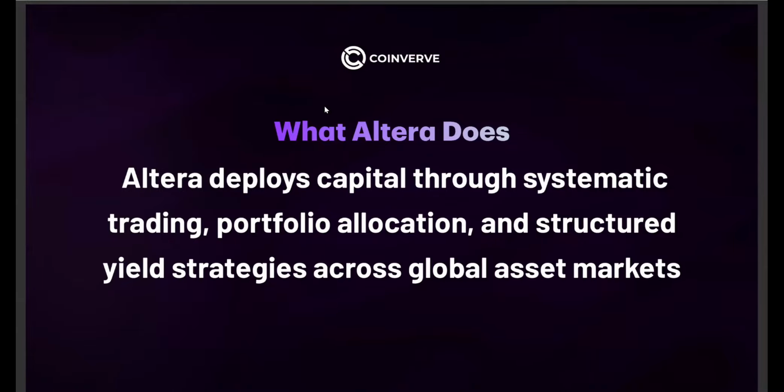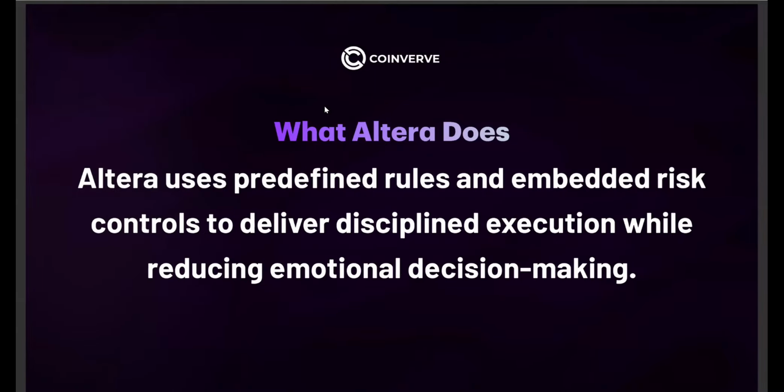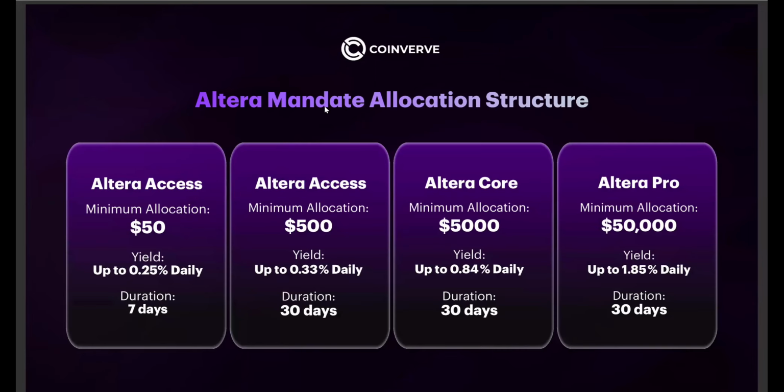It uses predefined rules and embedded risk controls to transform strategy into disciplined execution while reducing emotional decision-making and reinforcing structure. Altera mandates allow participants to allocate capital according to defined investment structures.